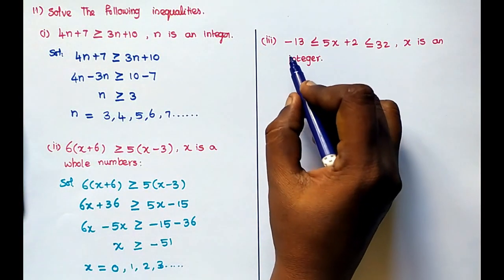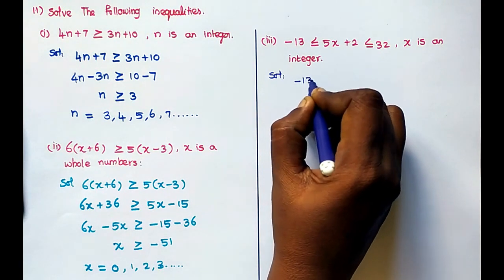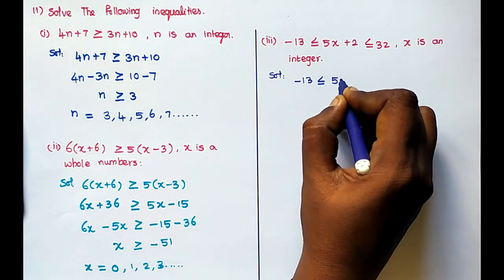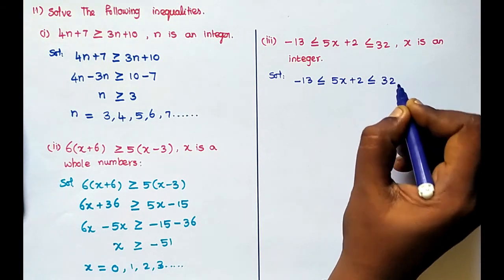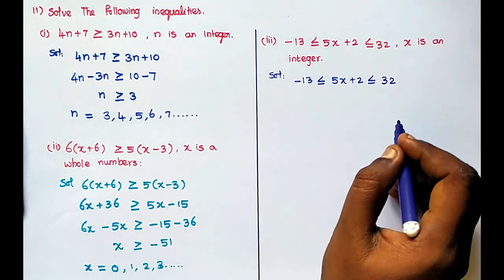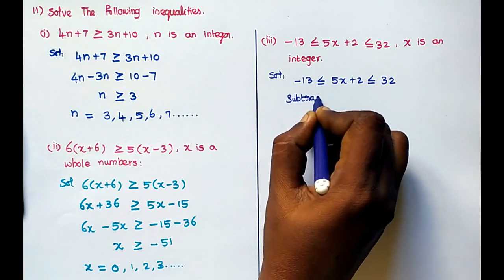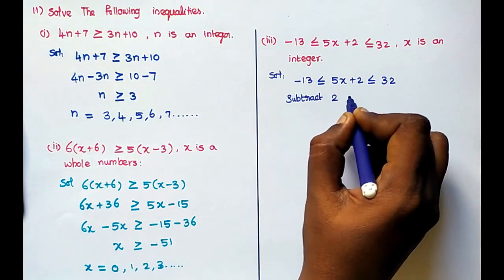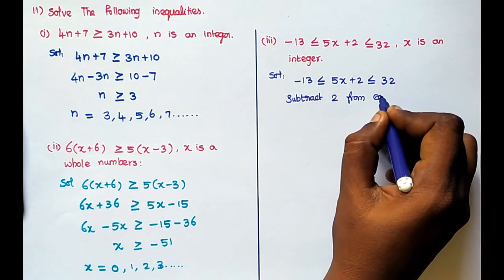Third subdivision, minus 13 less than or equal to 5x plus 2 less than or equal to 32. First, subtract 2 from the equation.